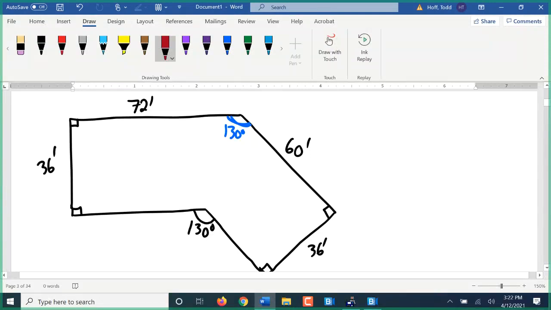Now the next part I'm going to do can only be done because these two spans, or those two distances, are the same, 36 feet. Put it across here. Because those spans are the same, I know that that cuts this angle in half.